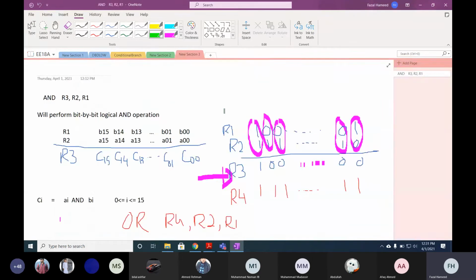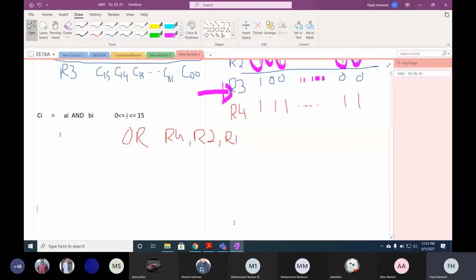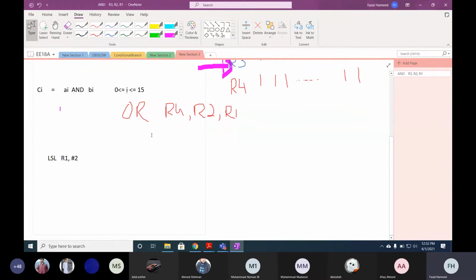I will explain this a little bit. So now let's assume a scenario. You say a logical shift left R1 with 2. Now let's assume the value of R1 before the execution of this instruction is 0, 0, 0, 0.